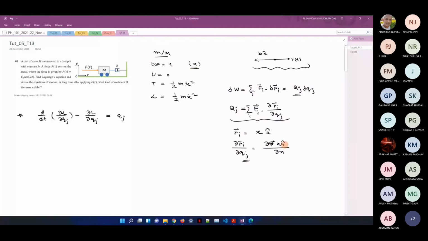Are you guys with me? Yes, we do. Okay. If you get any confusion, just stop me and ask me. Okay. Now this part is simple. So we are getting there. Del r i by del q j is nothing but x cap. So once you know this, your Q j is simple now.